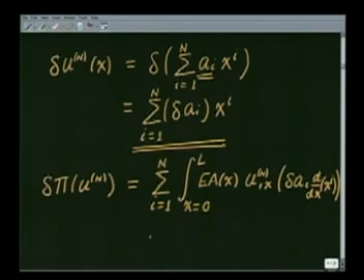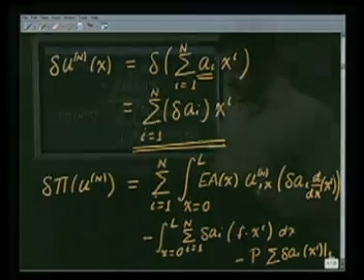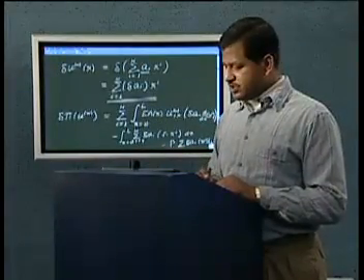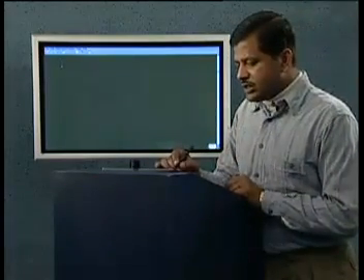Then we will also get minus integral x is equal to 0 to L, summation, variation of ai into f multiplied by x to the power of i, the whole thing dx, and finally we'll get the term minus P x to the power of i evaluated at L. So this is the whole expression that we get by substituting for variation of un in our variational formulation.